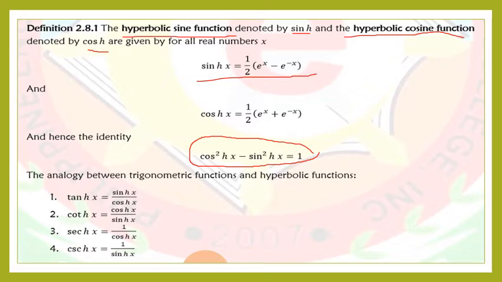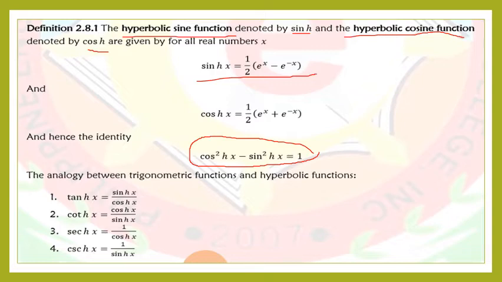So, the hyperbolic tangent function of x is equal to sine over cosine. The hyperbolic cotangent of x is equal to the hyperbolic cosine of x divided by the hyperbolic sine of x. Okay.